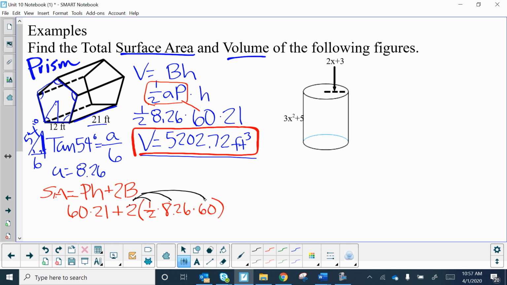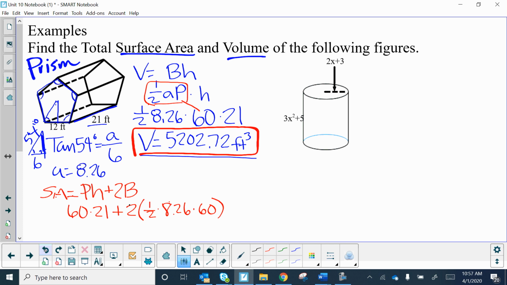So maybe me putting those parentheses made it more confusing, but you're not doing the distributive. You only distribute when you see a plus sign or a minus sign inside the parentheses, and that's not the case. Okay, so I'm going to get rid of those little markings. Okay, and so let's do that.